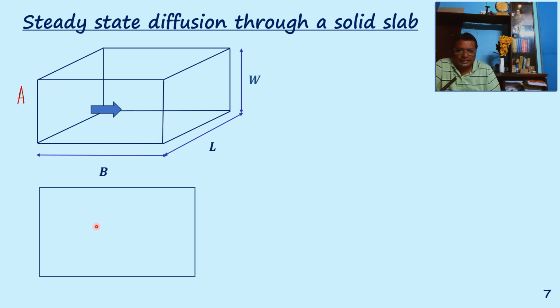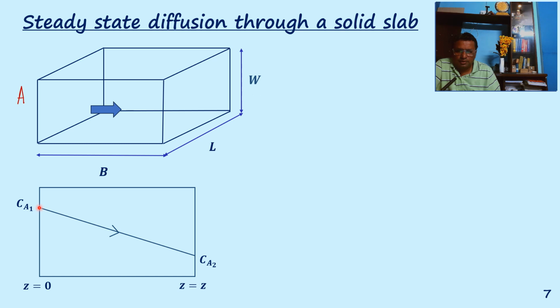Okay, so let us just look at this face. What you are seeing in the second diagram is this face. So A is diffusing. Let this end be the Z is equal to 0 plane, and this end be the Z is equal to Z plane. And A is diffusing from a point where its concentration is Ca1 to a point where its concentration is Ca2.